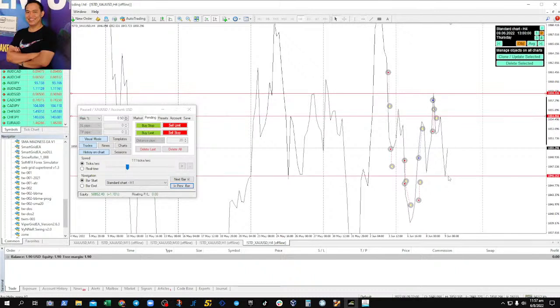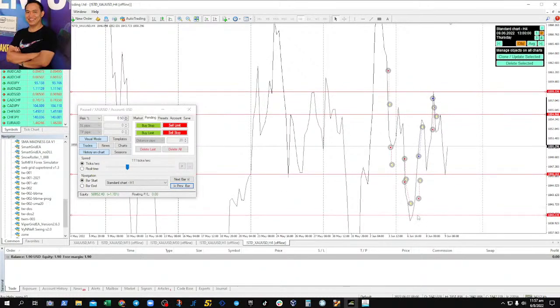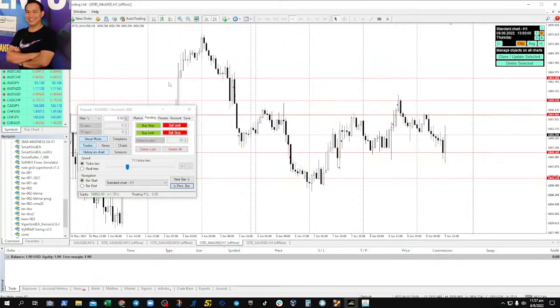Then, yep. If price continues to go down, we can target here. If we continue to go up, we target here. Okay. Clone. Then we go to H1.